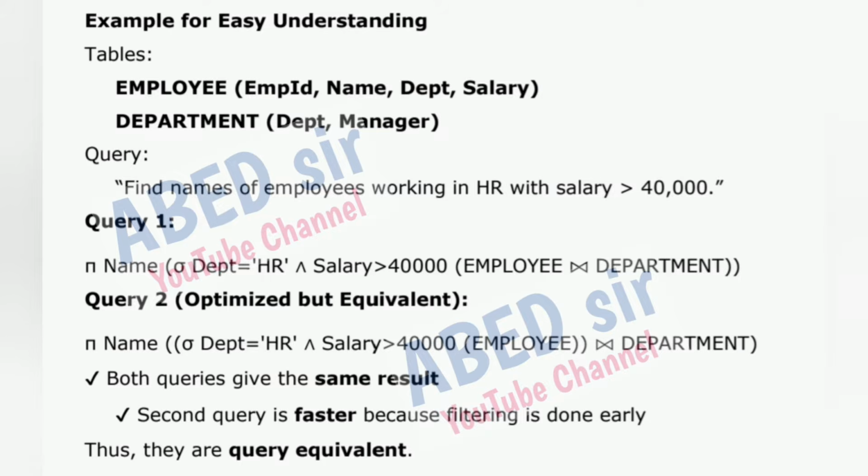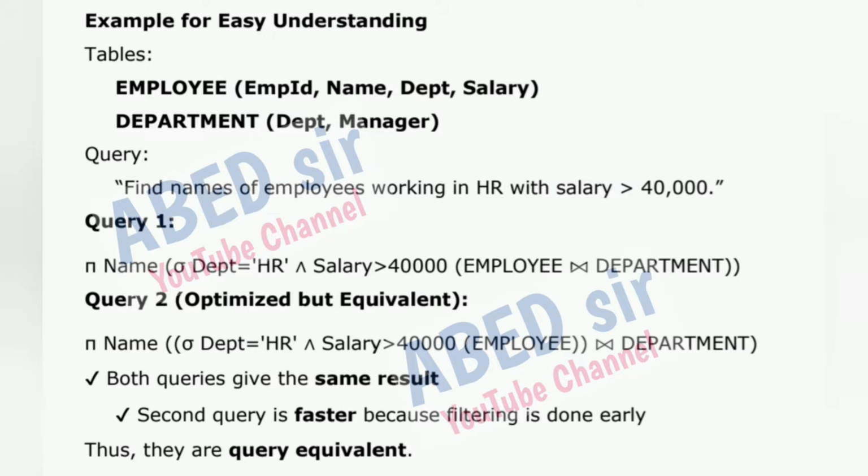Example for easy understanding. Tables. Employee: EmpID, name, dept, salary. Department: dept, manager. Query: Find names of employees working in HR with salary above 40,000. Query 1: pi name, sigma dept equals HR and salary above 40,000, employee join department.